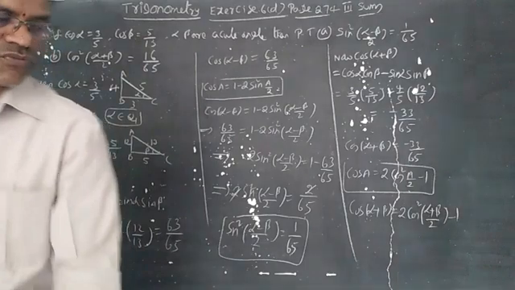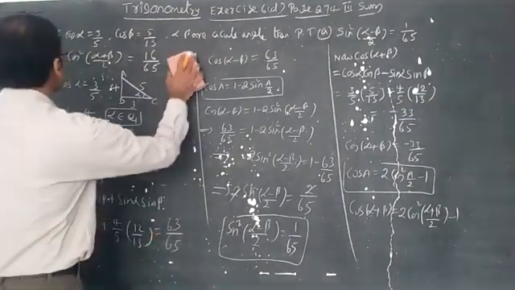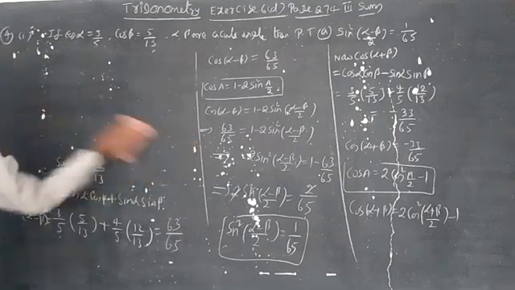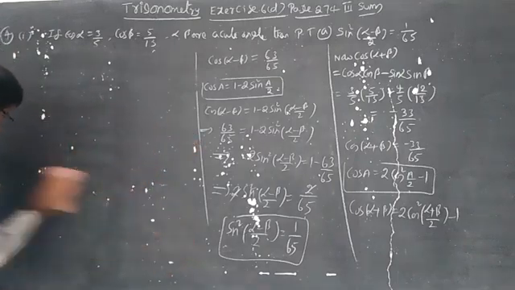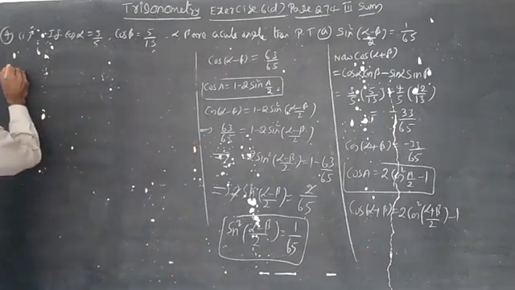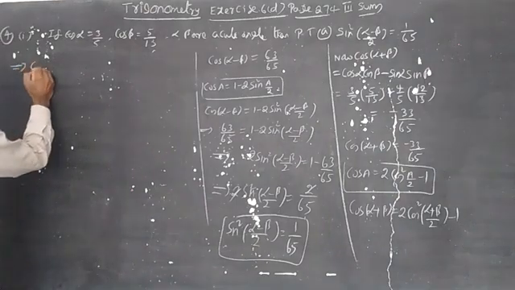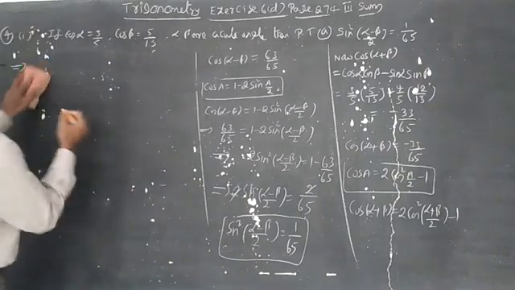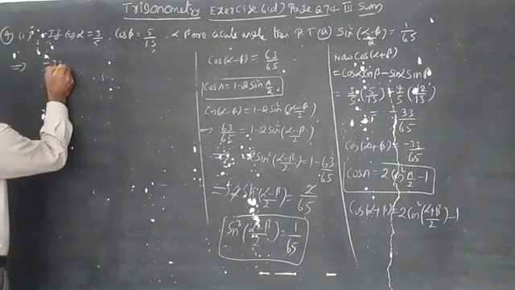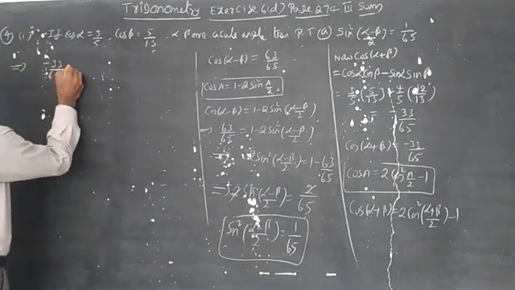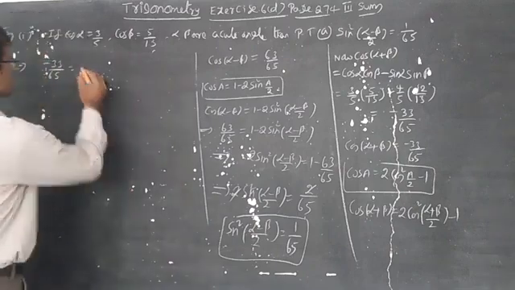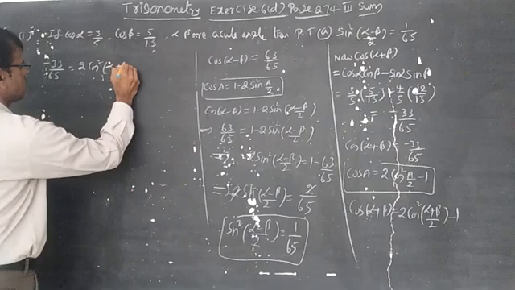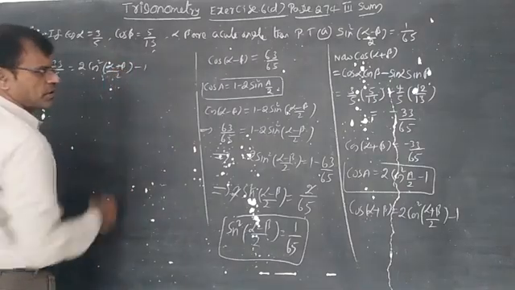Now the cos of alpha plus beta value we have just calculated as minus 33 by 65 is equal to 2 cos square of alpha plus beta by 2 minus 1.